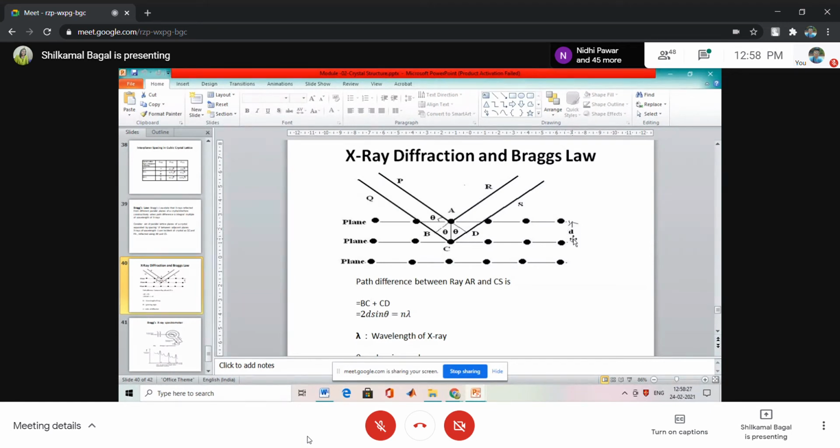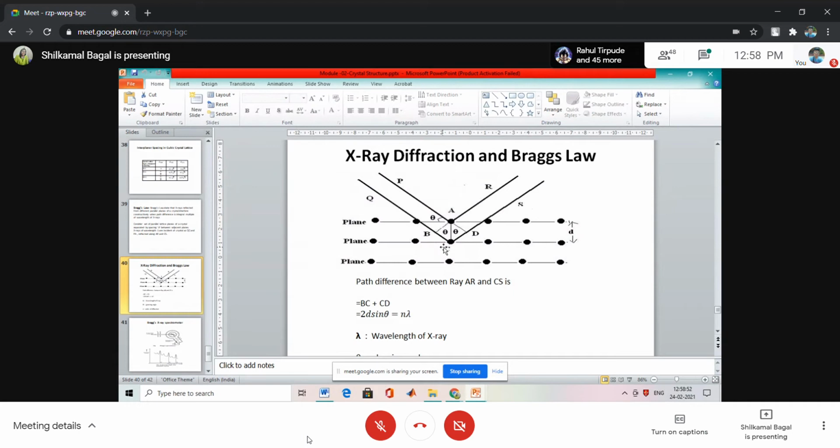We have considered here that the X-ray PA is incident on the first plane at point A, and QC is incident on the second plane at point C. And we can see that the first gets reflected along AR, and the second along CS.